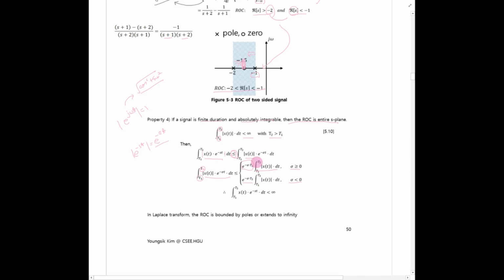Both of these are finite values. We assume this one is finite, and this one is also finite. So this value should be finite. So it is integrable. So whatever sigma can be taken, the entire S-plane can be the region of convergence in this case. Okay.